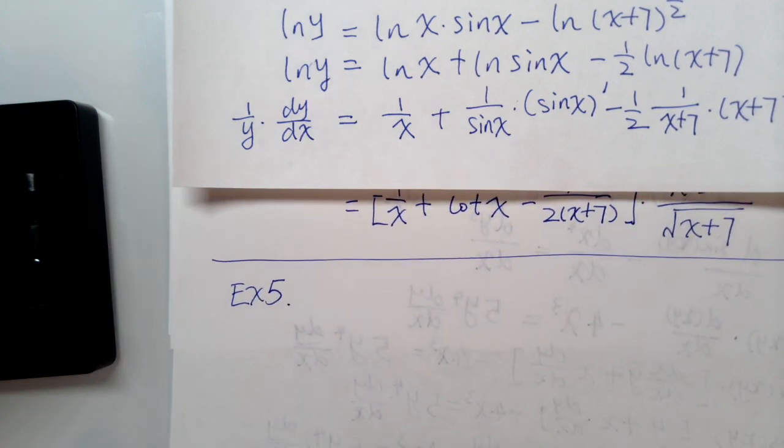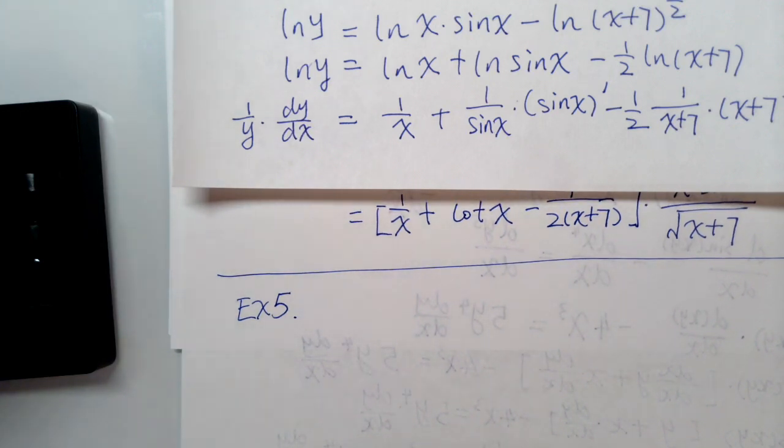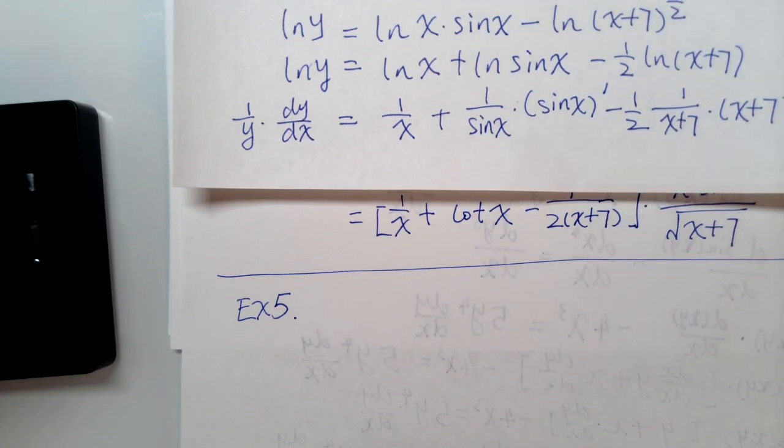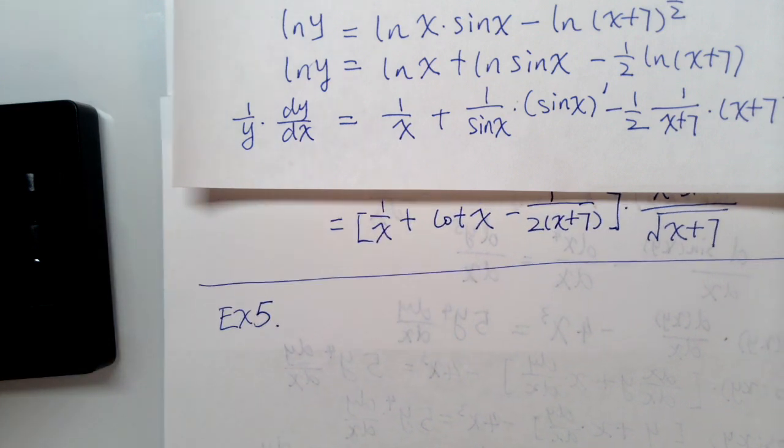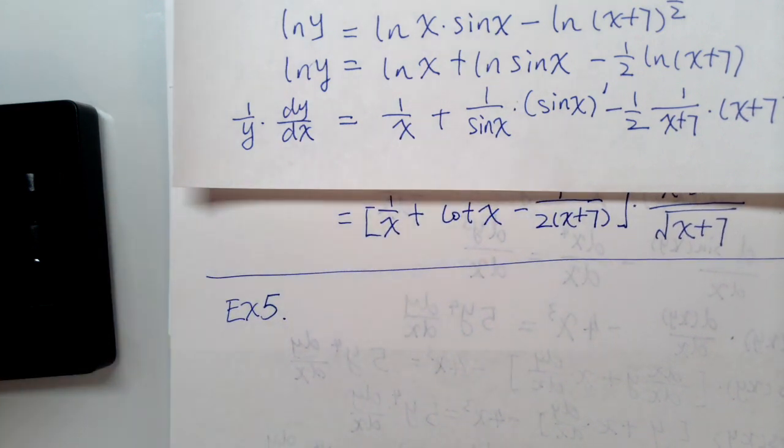By the way, guys, you're going to need the derivatives of these trig functions: the derivative of sine equals cosine, cosine equals negative sine, tan equals secant squared, cotan equals negative cosecant squared. Make sure you do that review before you start the test, because there are going to be some problems associated with the derivatives of those trig functions.